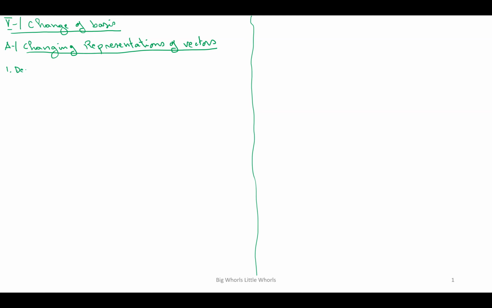Okay, so this will lead me to the following definition. So the purpose of this section is, if we are given a vector v, and I know its representation, for example, in basis B, how can I get its representation in another basis D?